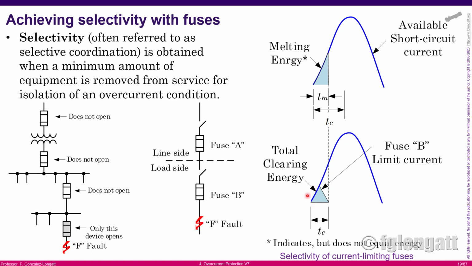When this fuse sees the current, this one also sees the current, but the energy dissipated here should be equal to or less than the melting energy of fuse A. Overcurrent coordination for fuses is extremely simple if we define time differences between positions on the fuses.